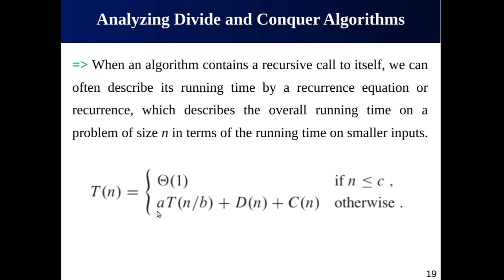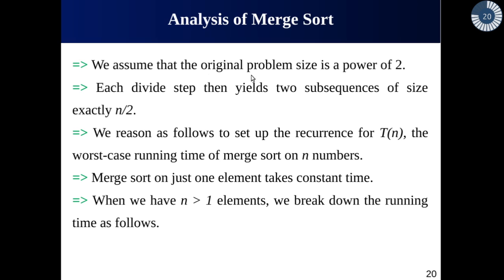A is any number, we will consider it to be 2, and n by b is actually the size of each subproblem. So if we have n, then the subproblem is going to be n by 2, and for calculating the time of each subproblem, we need to multiply them with one another. So by keeping this equation in mind, we are going to see the analysis of the merge sort algorithm.